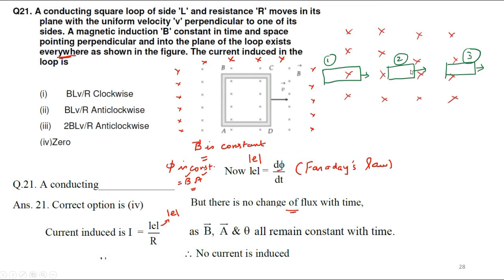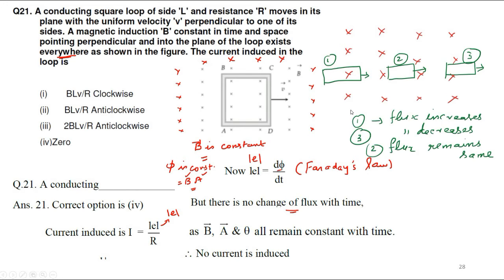But so long as the coil moves fully within the magnetic field, the flux is constant. It is all the time in the field region, right? So case 1 flux increases, case 3 flux decreases, but case 2 flux remains same. Same thing here, flux remains same, phi is constant. Therefore there is no induced EMF, therefore there is no induced current. Correct option is option 4.